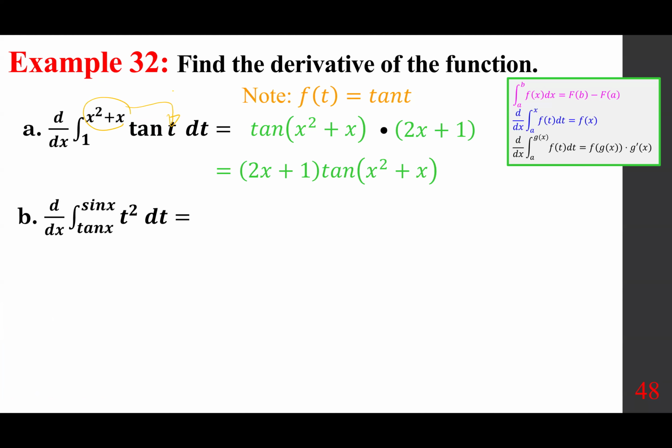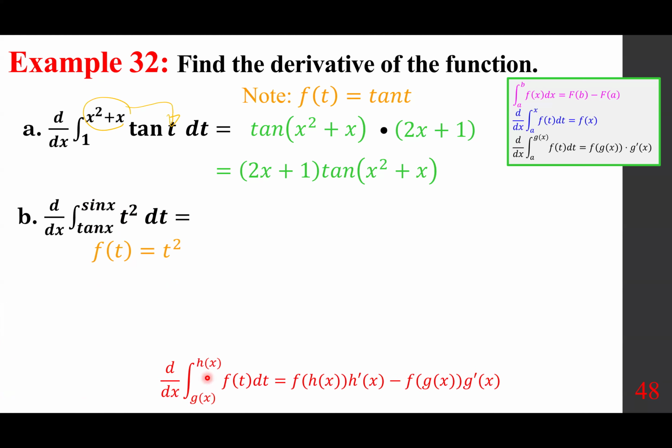What if we have an upper limit as a function of x and the lower limit as a function of x? In that case, first of all, the function is t squared. Secondly, here's the formula. The derivative of the integral of f of t dt as it goes from g to h. You plug in the upper limit, f of h of x times h prime of x by the chain rule, minus, now you plug in the lower limit, f of g of x times its derivative again by the chain rule.